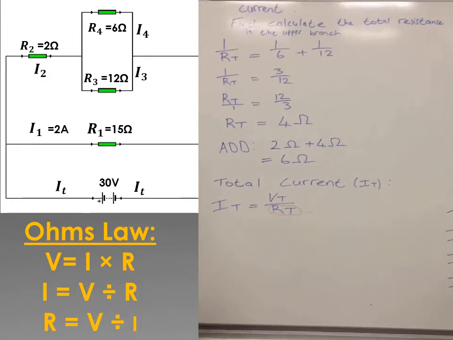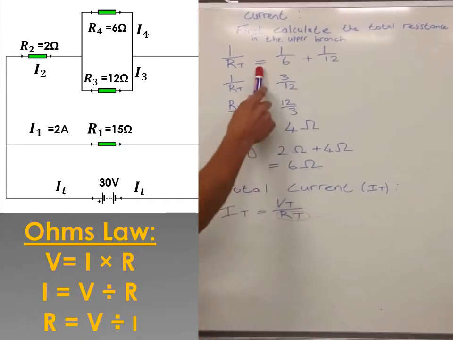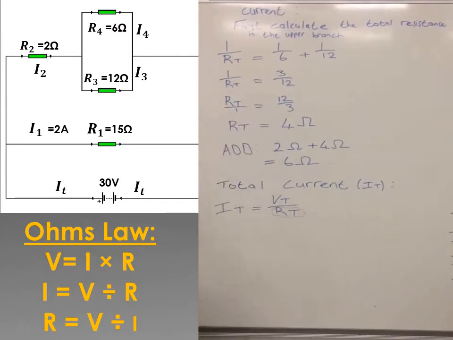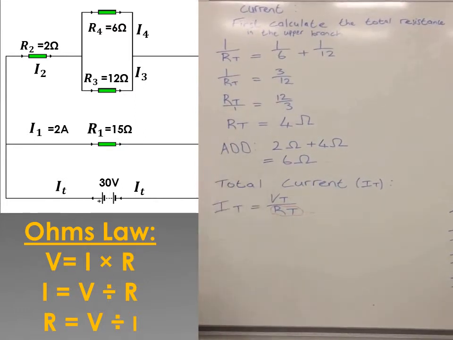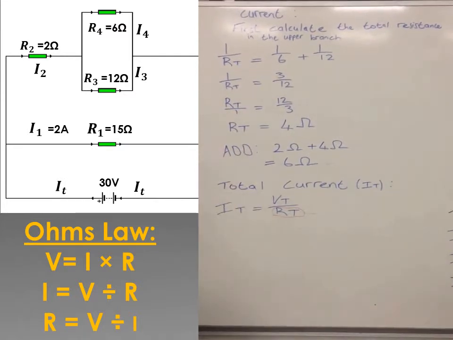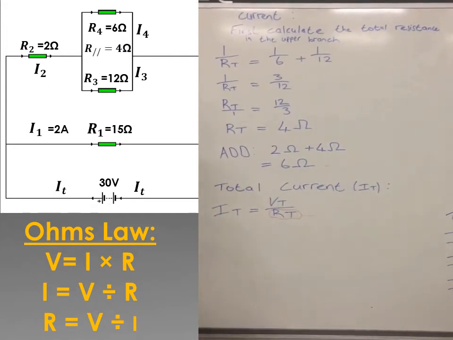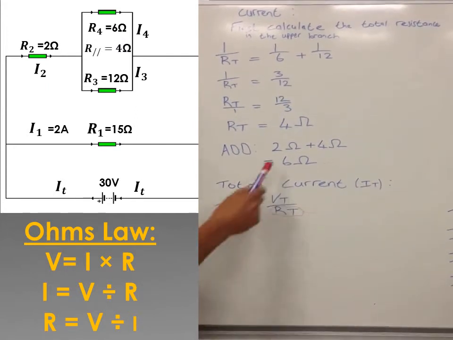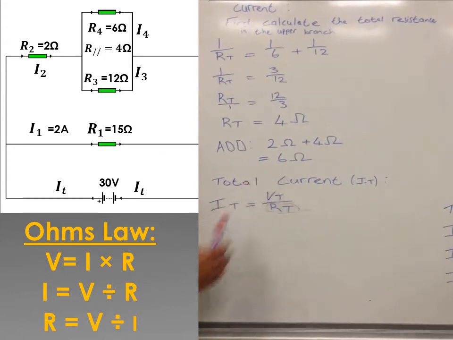To calculate the total resistance, add the reciprocal of all resistors connected in parallel first. Therefore, 1 over RT equals 1 over 6 plus 1 over 12, which gives us 3 over 12. Therefore, we swap these values around to get RT over 1, which gives us 12 over 3, which gives us 4 ohms. Then add this value to the 2 ohm resistor so that you get 6 ohms.